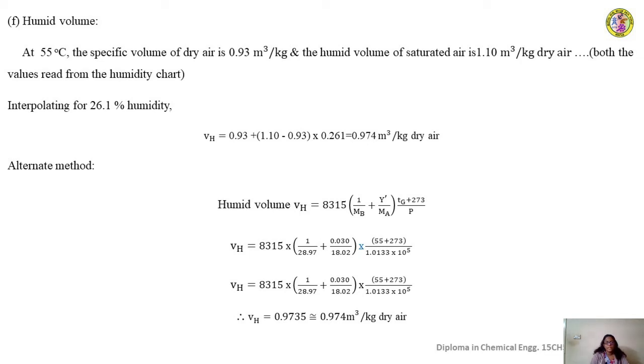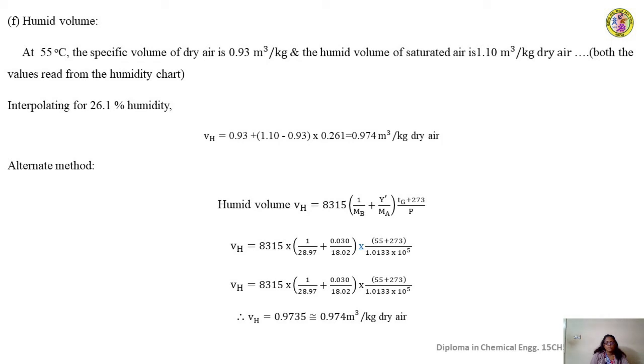So that is taken here, plus 0.030, which represents Y dash for the given sample, divided by 18.02, the actual molecular weight of water. This is then multiplied by Tg plus 273, that is 55 plus 273, in the numerator. The total pressure of the system is 1.0133 into 10 raised to 5.